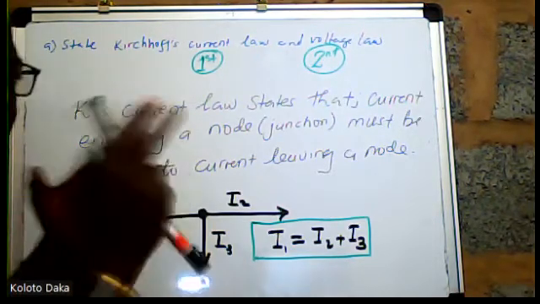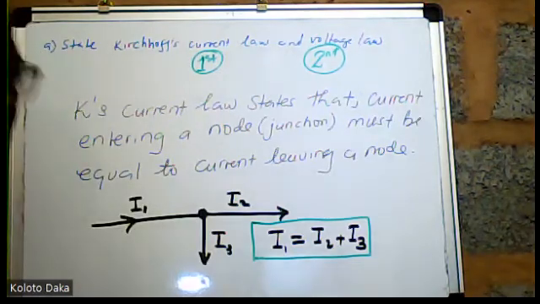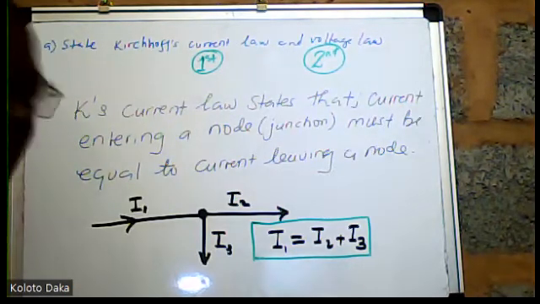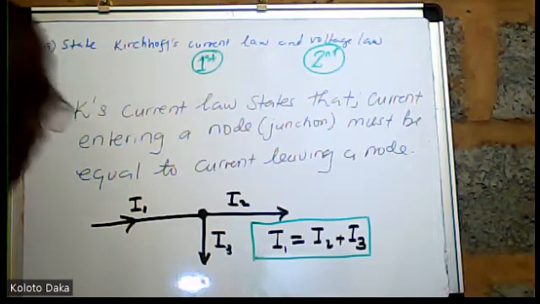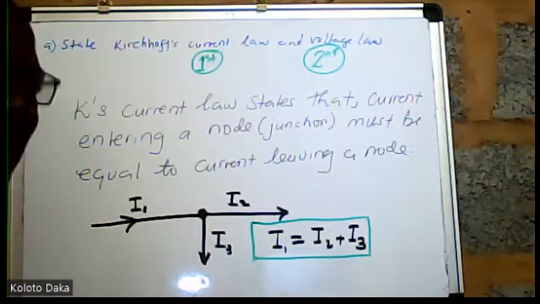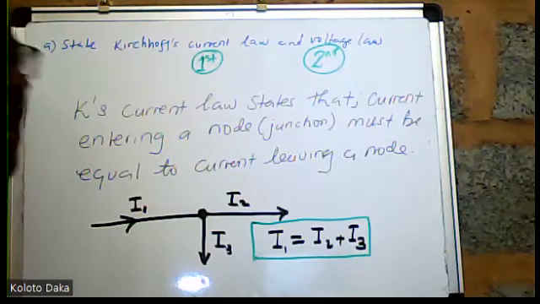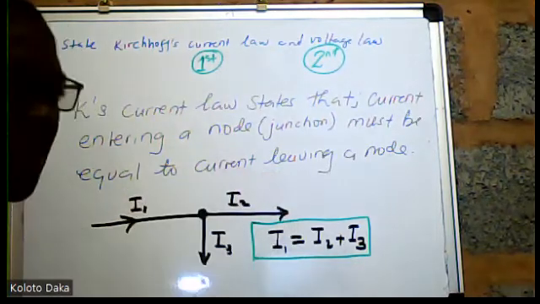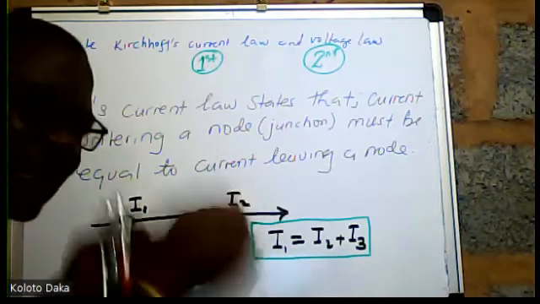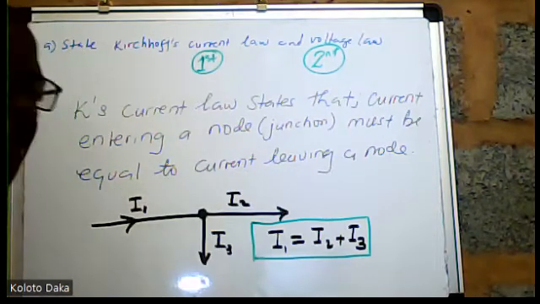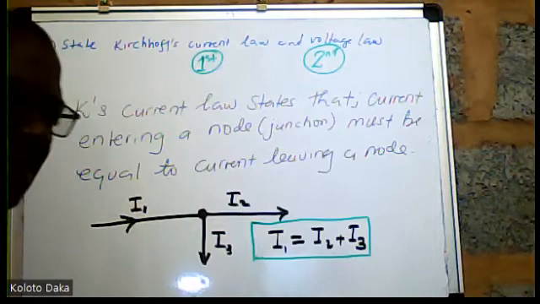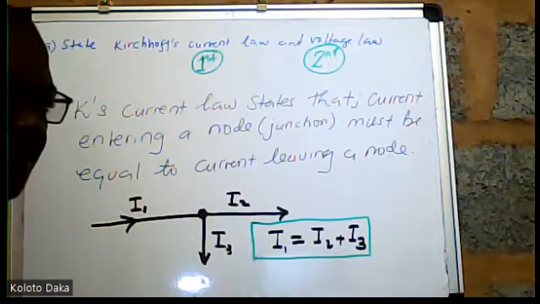This is, I'll give you an example of a roundabout. The cars entering the roundabout should be equal to the cars leaving the roundabout. Why? Because we don't park at a roundabout. So even if a roundabout has got 4 ways or 6 ways, the cars entering the roundabout should always be equal to the cars leaving the roundabout at every moment.